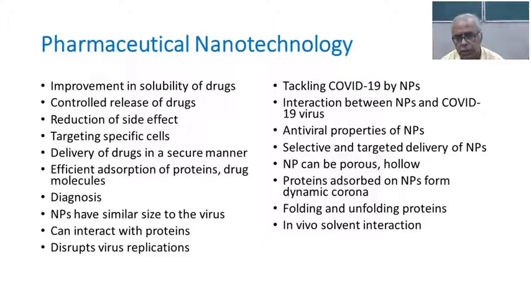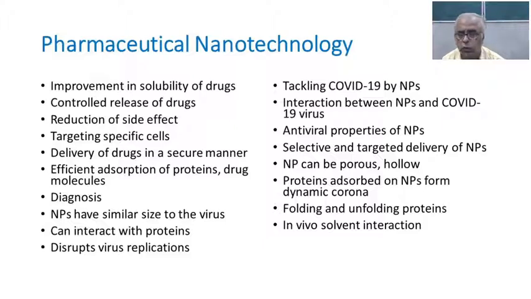Nanoparticles have similar size to the virus, so they can interact with the proteins and disrupt the virus replications. We can tackle COVID-19 by nanoparticles because there is an interaction between these nanoparticles and the COVID-19 virus also.